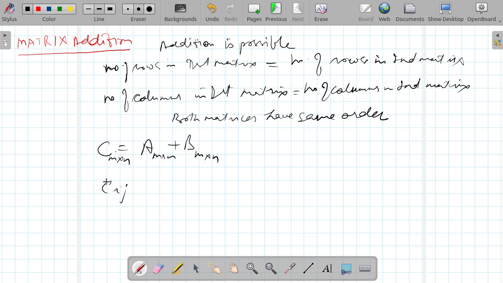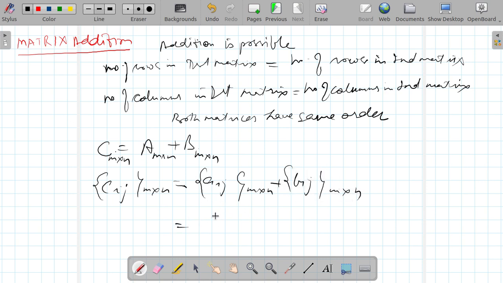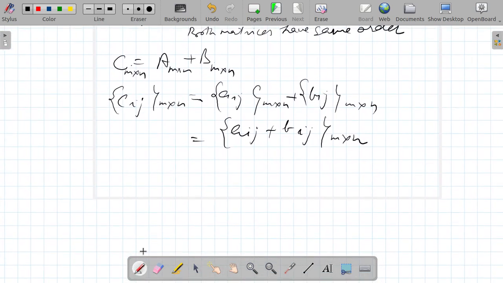Or in other words, Cij (m cross n) is equal to Aij (m cross n) plus Bij (m cross n). Then this can be written as corresponding elements are added together. So it can be written like this.